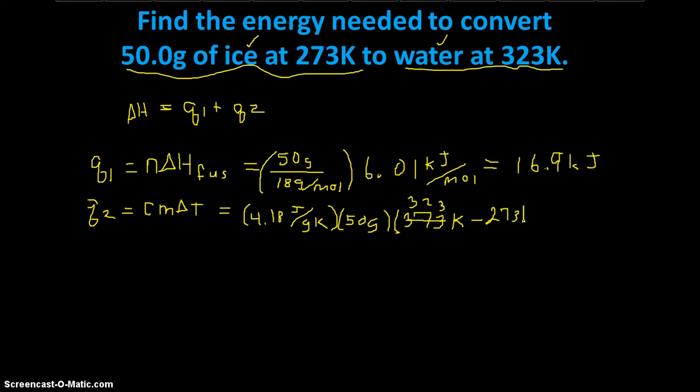Okay, that's all well and good, but that's going to give me an answer in joules, and I really don't want an answer in joules. I want an answer in kilojoules so I can compare it to this. And so I think we should probably say 1 kilojoule is worth 10 to the third joules, and that will move me into the proper units.